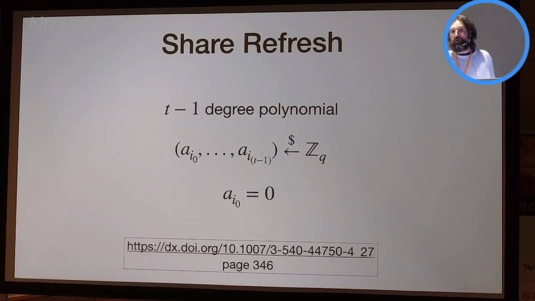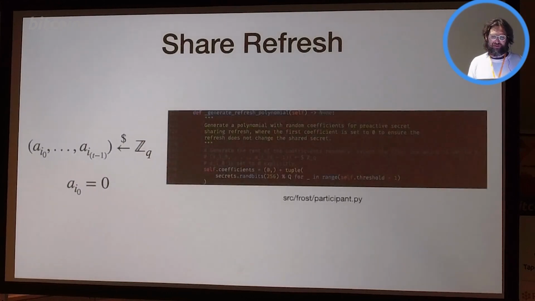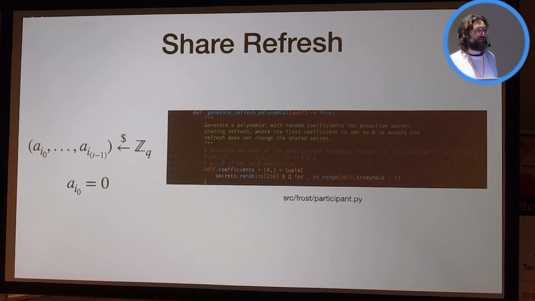We are going to do our distributed key generation protocol again, except for one key difference. The first coefficient is going to be set to 0, but everything else will be exactly the same. So we can see in code here, we're setting the first part of the tuple to 0, getting the remaining coefficients at random. That looks exactly like what we did before, but with the first one set to 0.